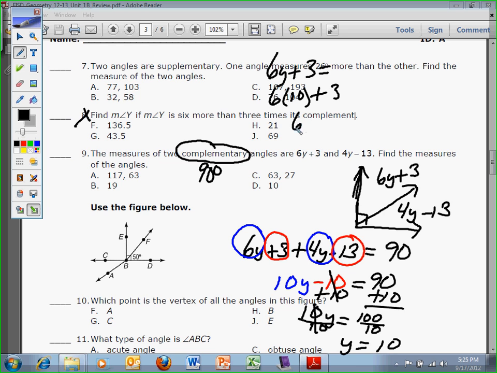6 times 10 is 60. 60 plus 3 is 63. So one of my values has to be 63. And again, we're looking for both, not one, so I can eliminate B and D. A and C both have 63, so I need to solve for 4y minus 13. Again, replace the y with 10.